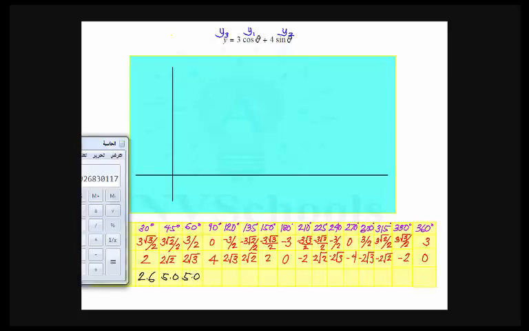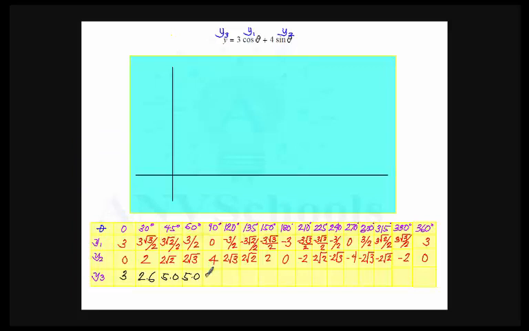Okay. Is it? Let's do it again. 3 square root of 3 over 2, plus 1.5. It's 4.96. So 5.